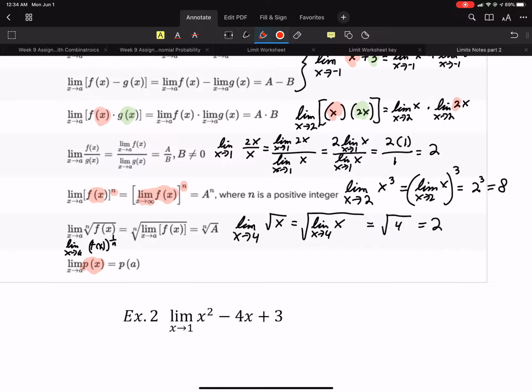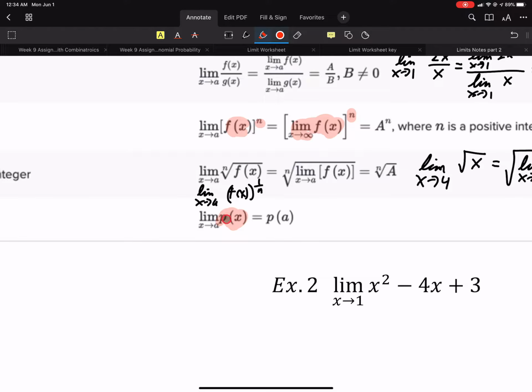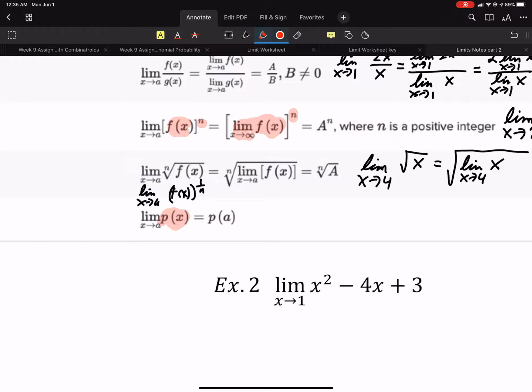So here's the last one. This is the last property. If you have a polynomial, to find the limit, you wouldn't have to break it down into small pieces like we did earlier. All you do is plug in a. So the value at a is the same as the limit. I'll give you an example of this one. And this property, I don't want you to use for the worksheet quite yet.